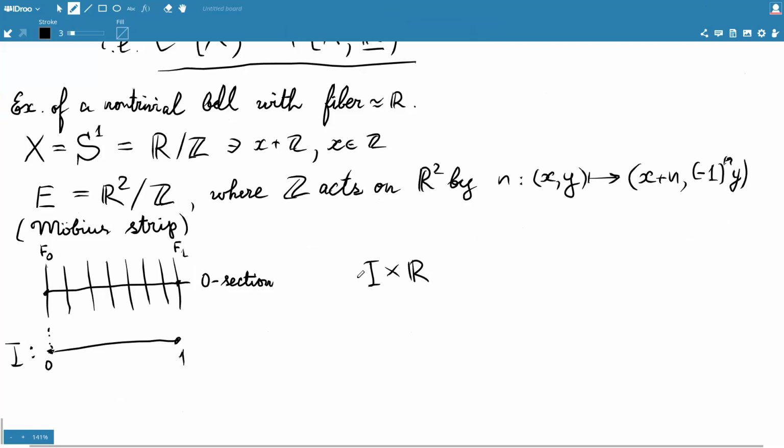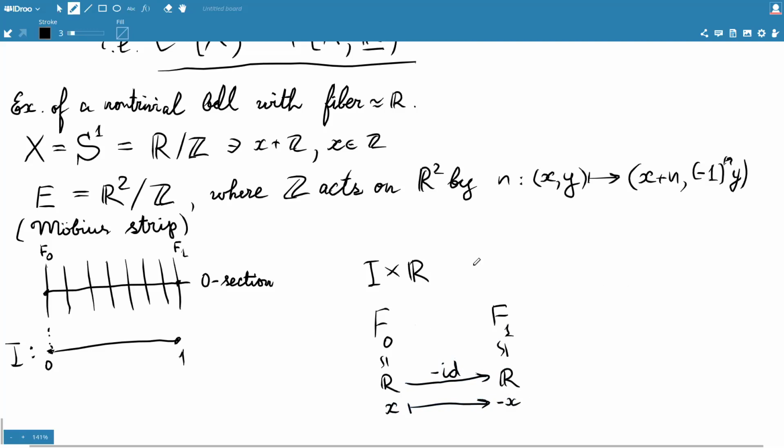So let's continue. If I take these fibers and identify, so each of them is isomorphic to R canonically, and then I identify them via this identification by the minus identity, so the vector x in R is sent to the vector minus x.